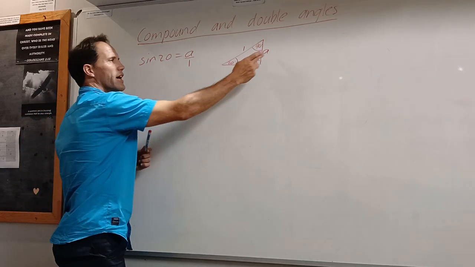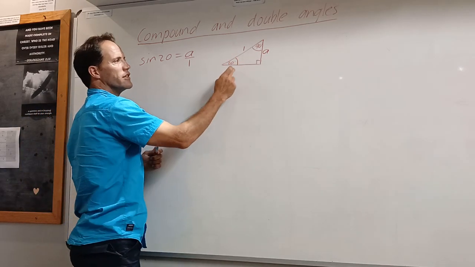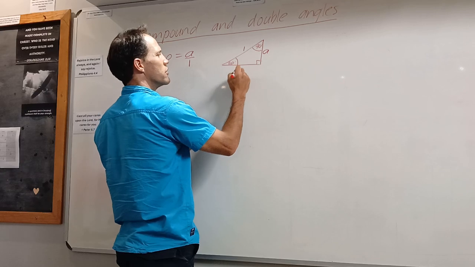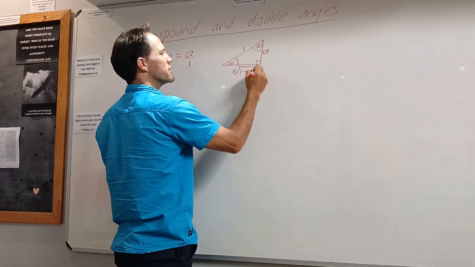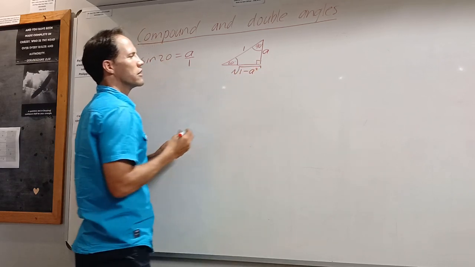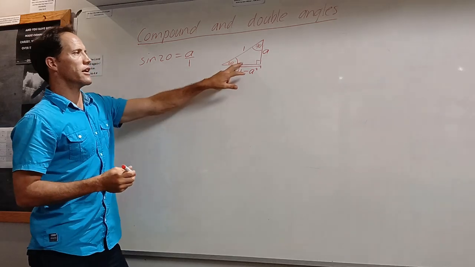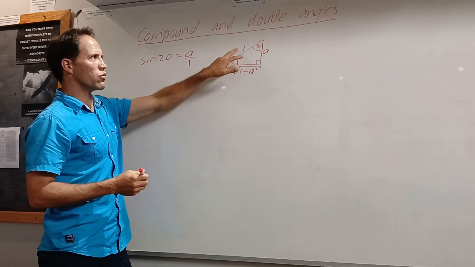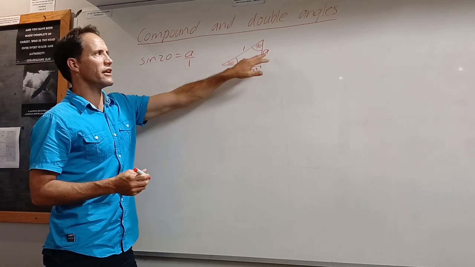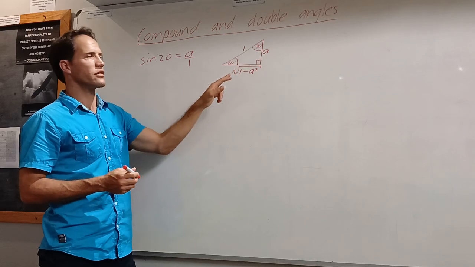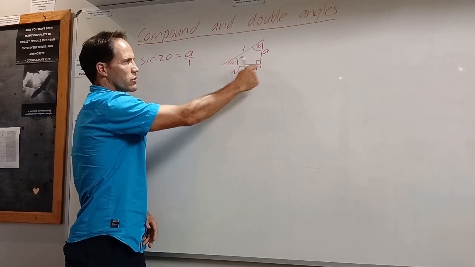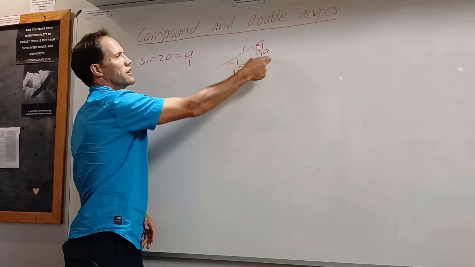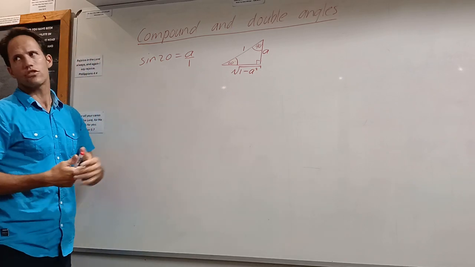I've got A and 1, and this is my long side, so this one will be the square root of 1 minus A squared. Forget this side, because I take the long side squared, 1 squared, which is 1, minus the short side squared. So it's 1 minus A squared, and then I get the square root. So now I've got my 3 sides, so now I can find sine, cos, or tan.